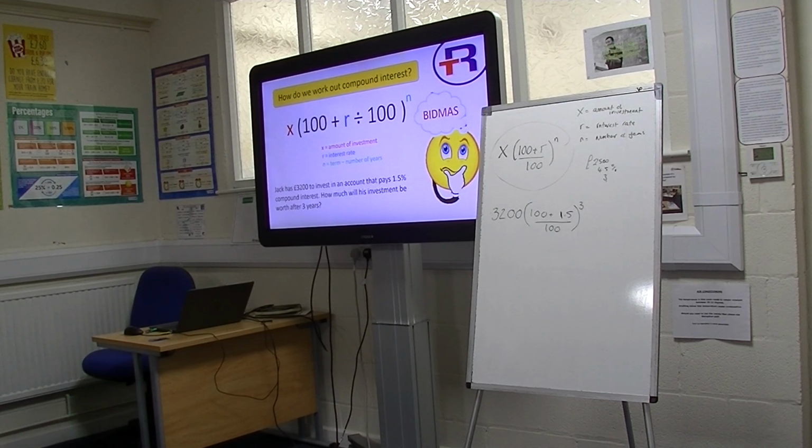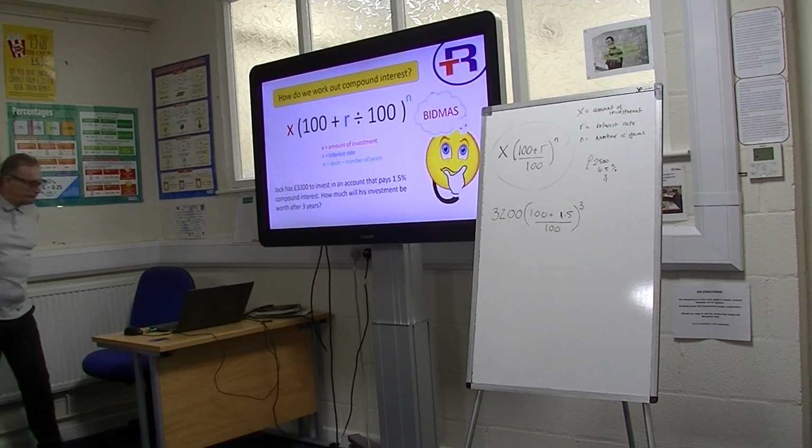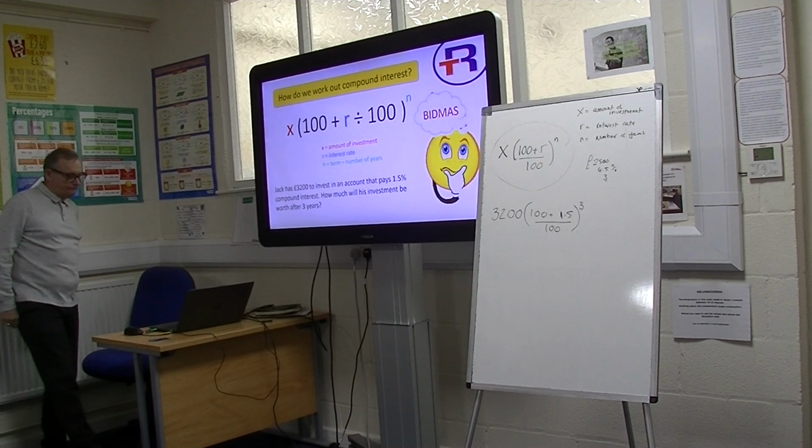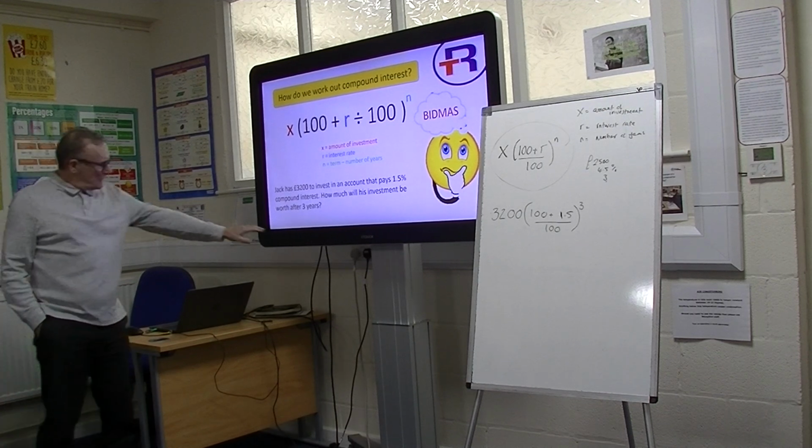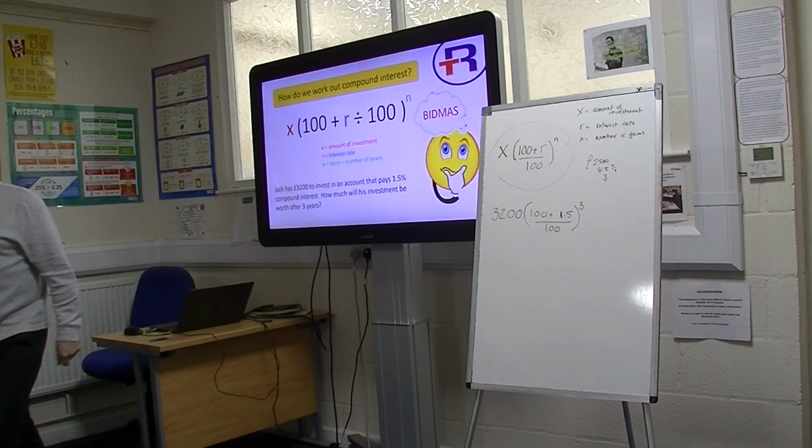And let's see what Jack's investment is worth. It's not going to be a massive amount because it's only 1.5% interest, but it's going to be obviously a little bit more than that.